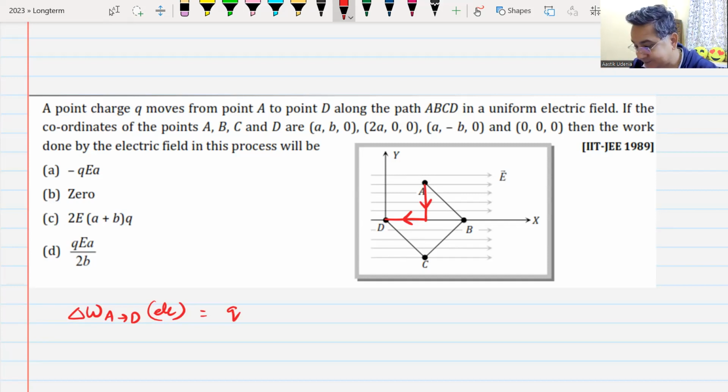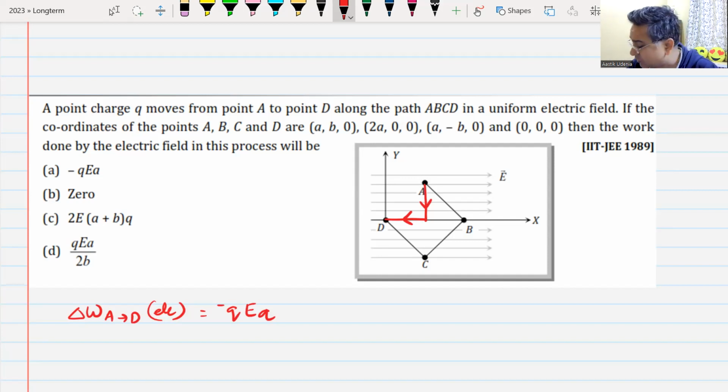Yes or no? Yes, sir. Force is Q into E. Just have to find out the displacement in the x direction and it will be equal to A. This is one way of doing it. It will be negative because we are moving it against the force. Yes or no? Yes, sir.